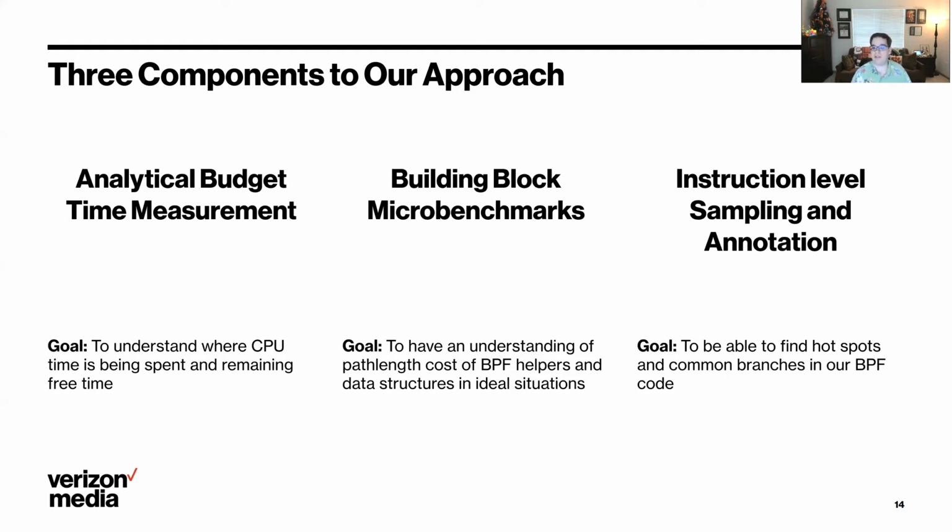And lastly, we look at instruction-level sampling and annotations to be able to look at code and find hotspots in function calls, in helpers, or in branches inside of the code.